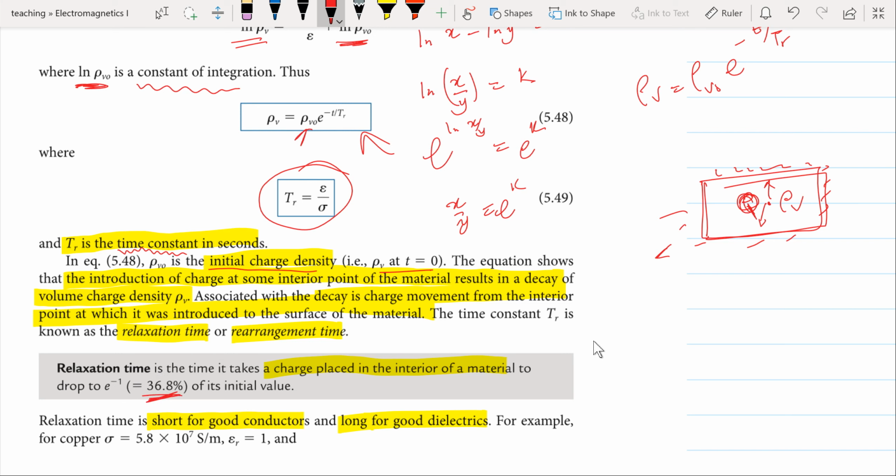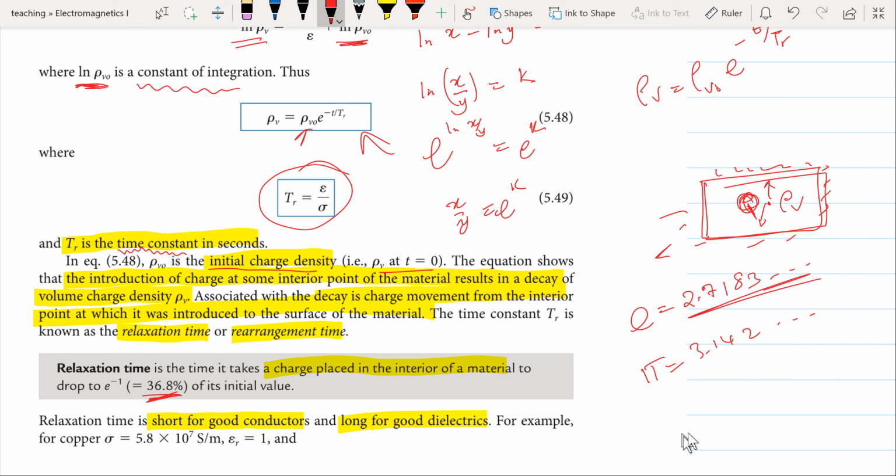This is equivalent to 36.8%. And I believe you know the natural number. The natural number e is a constant, just the way we have pi equal to 3.142, etc. The natural number e is considered to be a constant that has the value 2.71828, and this is always constant.